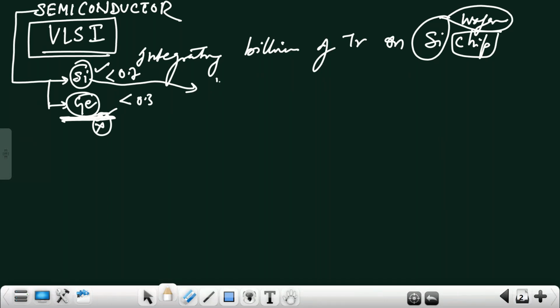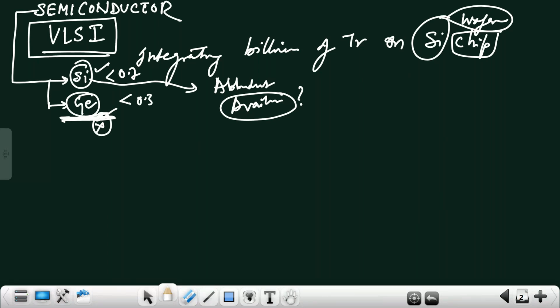Because it is abundant in nature, right? The availability is very high. Why am I saying that silicon availability is high? What is the source of silicon? Sand.